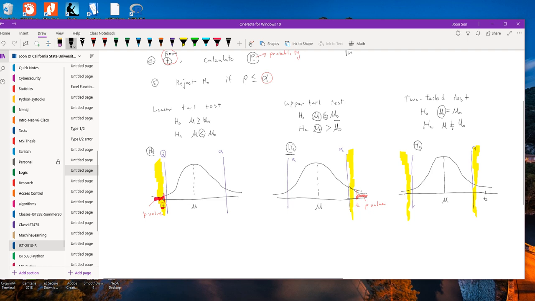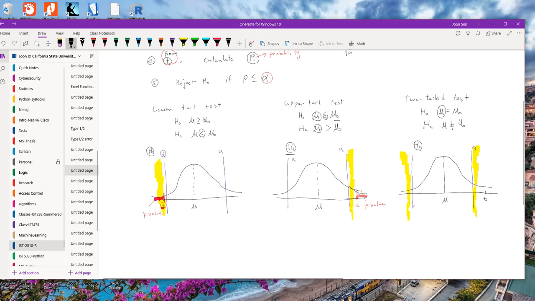Assuming the t value is in the right tail, it is in the rejection region, so you reject the null hypothesis.